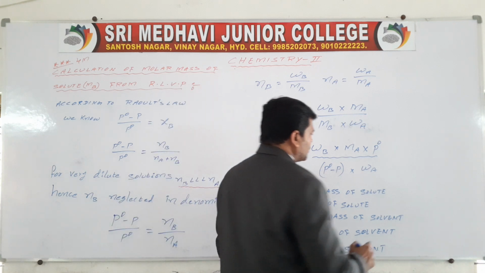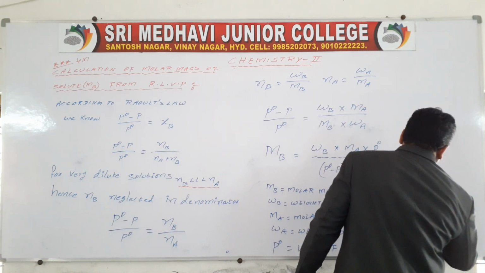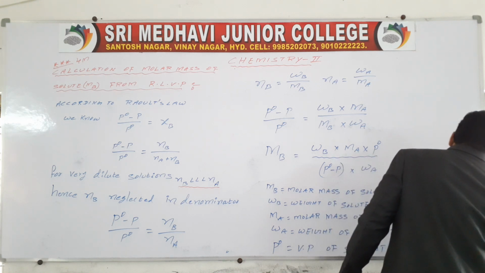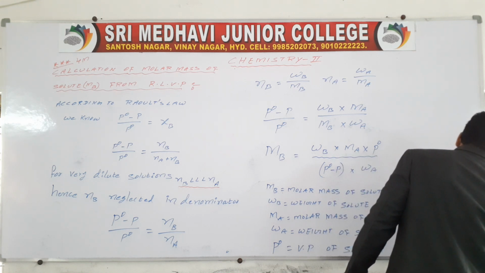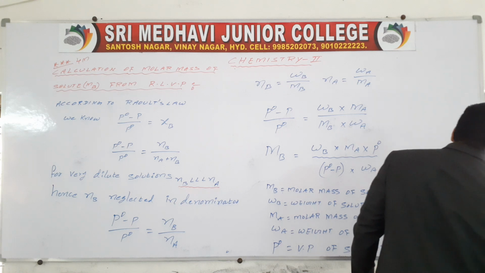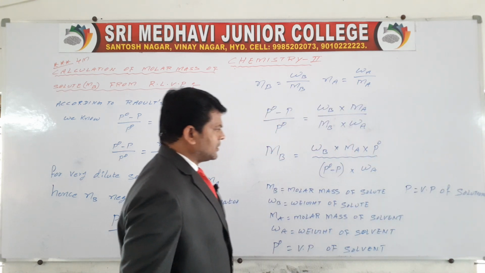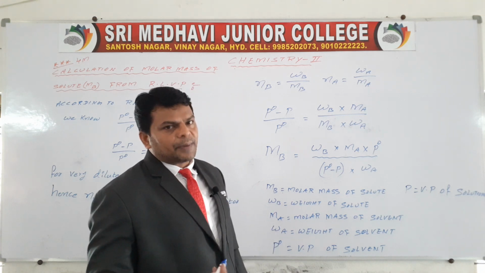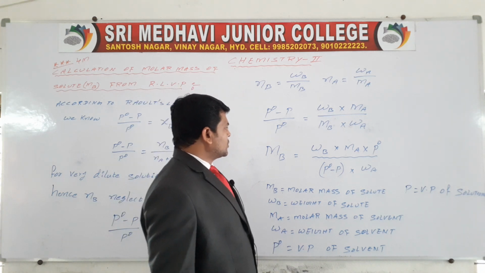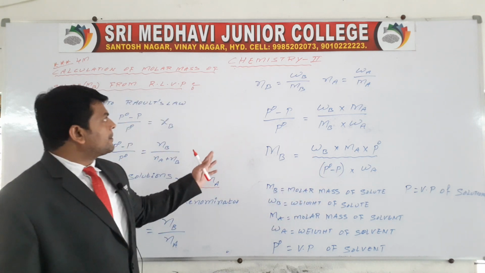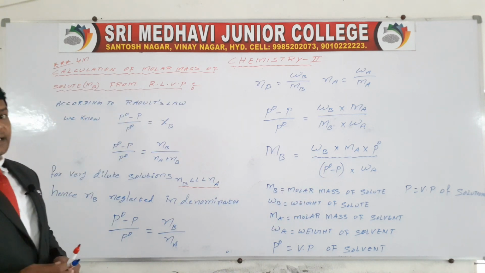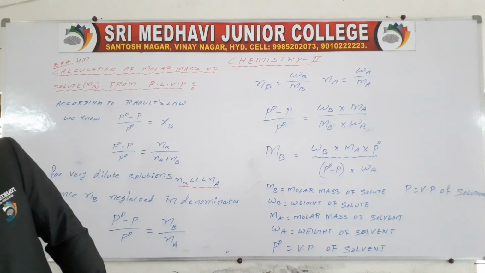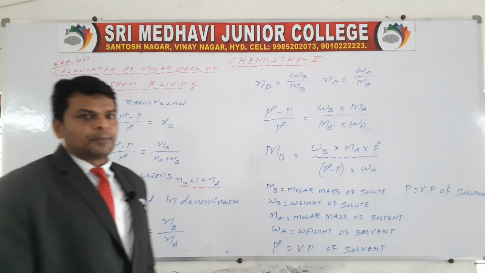P equal to vapor pressure of the solution. So P naught minus P is nothing but the lowering of vapor pressure. So this is the way it is derived. Very important question.